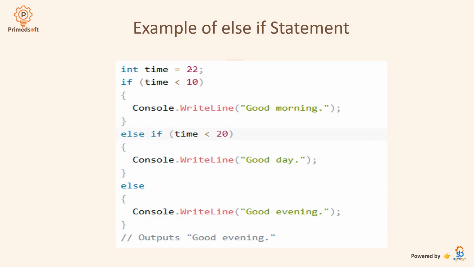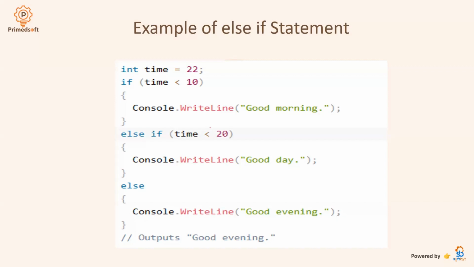So we'll have int time equal to 20. We have if time is less than 10, and you know that time is not less than 10. So are you expecting good morning to be printed out? No, because time is not less than 10. Else if time is greater than 20, print good day. Would it print good day?